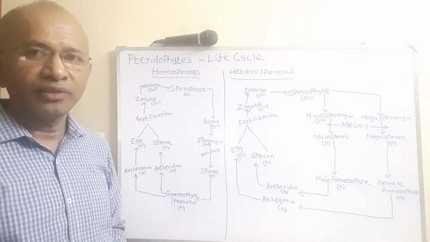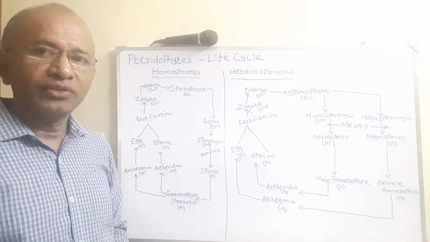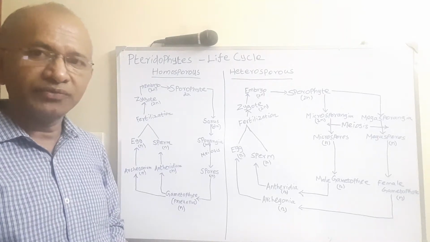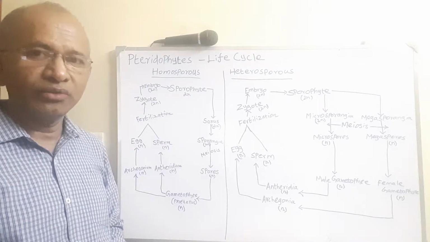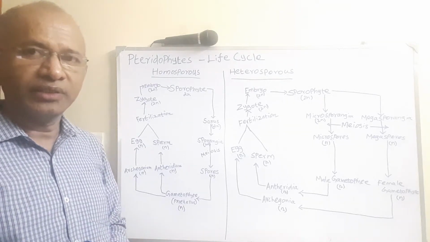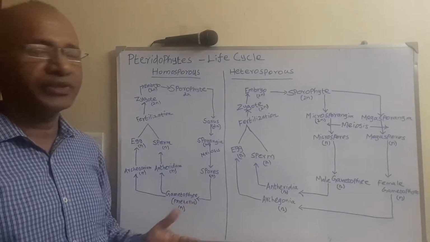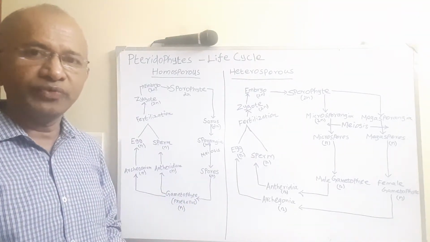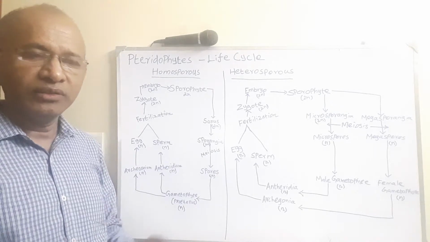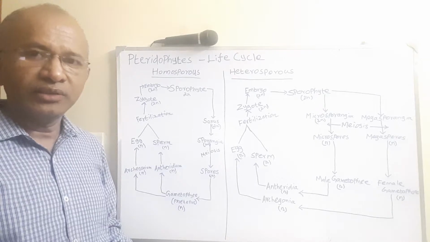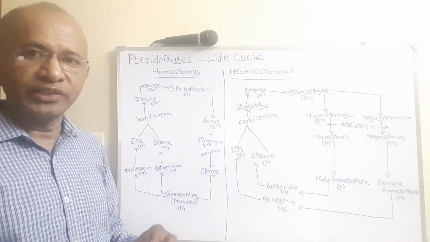by this particular chart. So for our convenience, we divided the life cycle into two types. One is the homosporous type of life cycle, another one is the heterosporous type of life cycle. Homosporous, as you know very well, means all the spores in that particular plant are the same in structure and function.